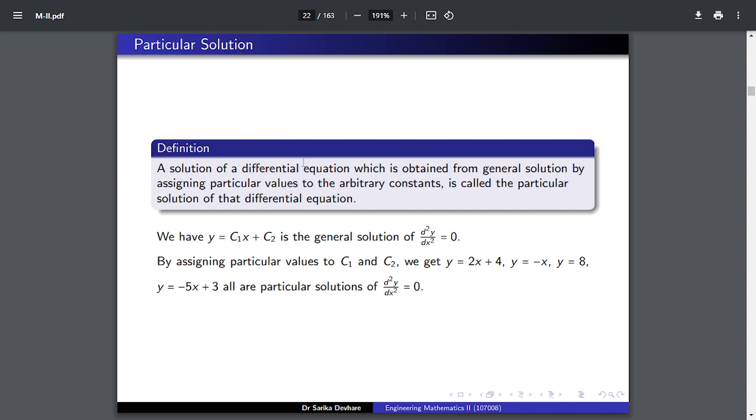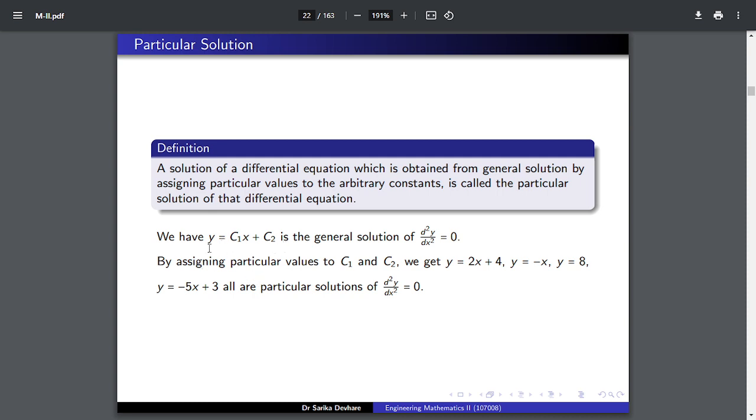A solution of a differential equation which is obtained from the general solution by assigning particular values to the arbitrary constants is called a particular solution of the differential equation. Again take the same example, d2y by dx square equal to 0, and its general solution is c1x plus c2.